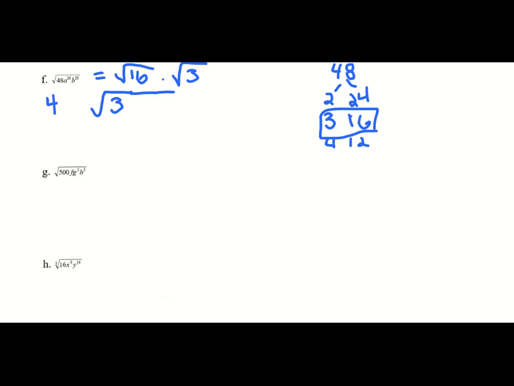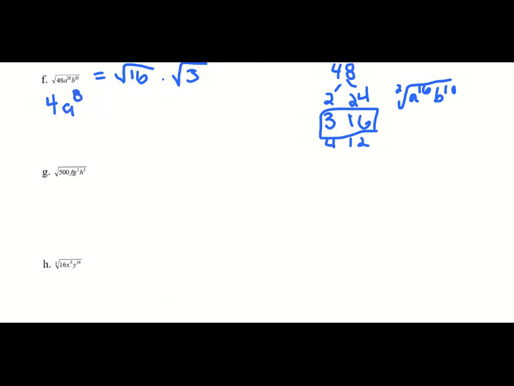Next, we're going to look at our variables. We're going to focus on the square root of a to the 16th, b to the 10th. If I put my 2 in there, 2 goes into 16 8 times, and it goes in evenly. So that would give me a to the 8th. Let me move this over a little.